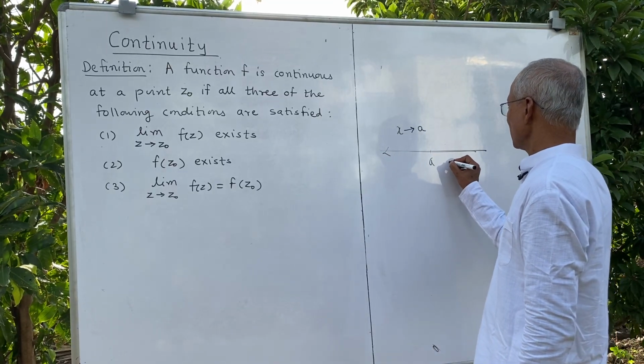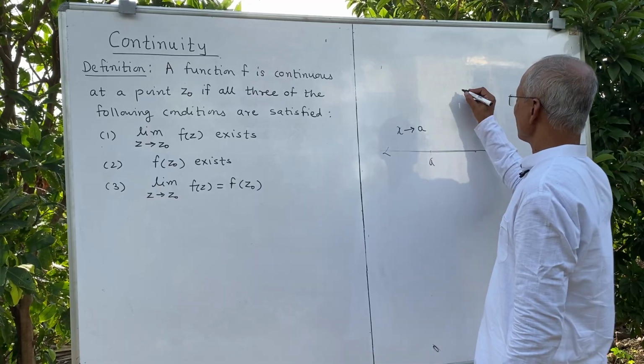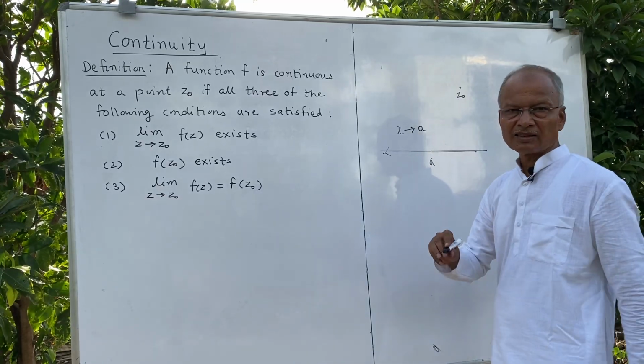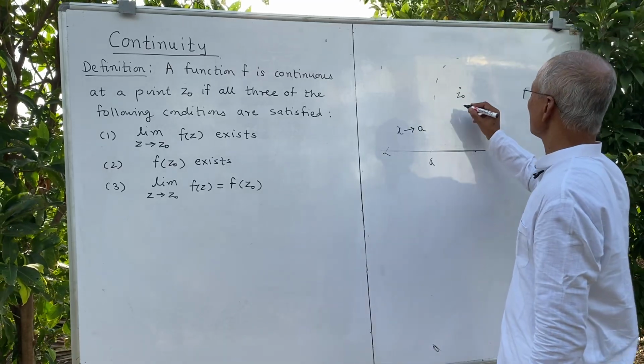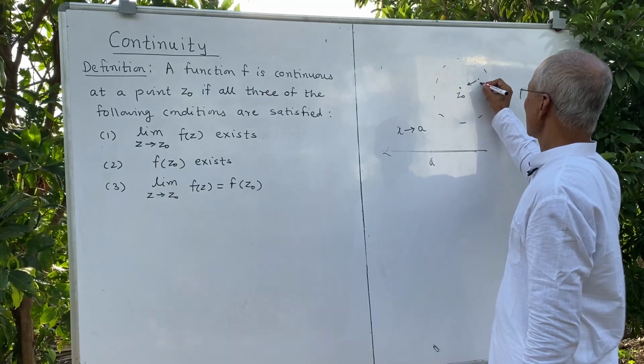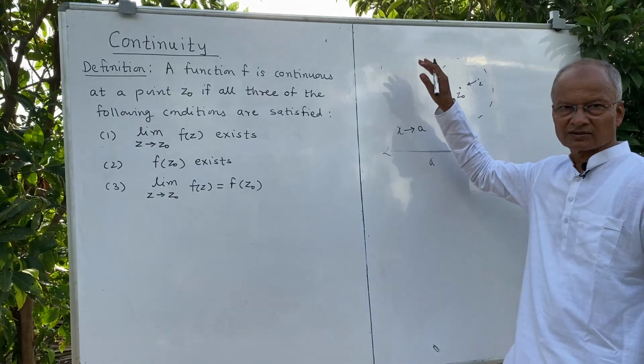But if you consider z approaching z naught in the complex plane, then z will lie in the neighborhood of z naught, and it can approach z naught in any manner in this disk.